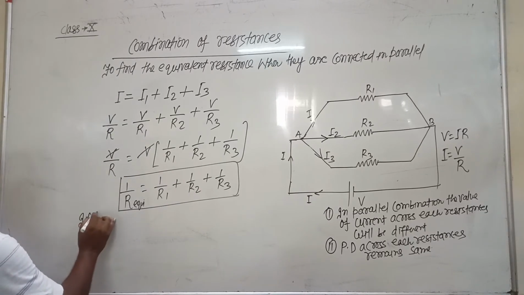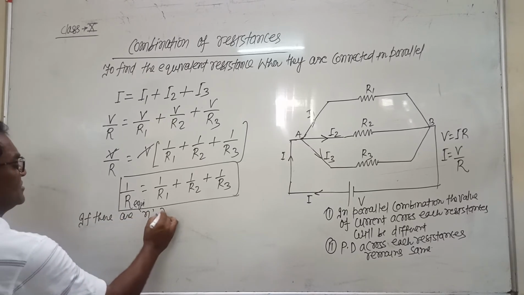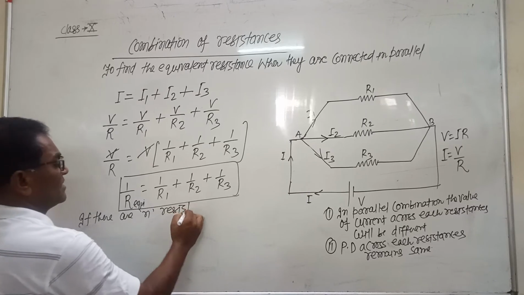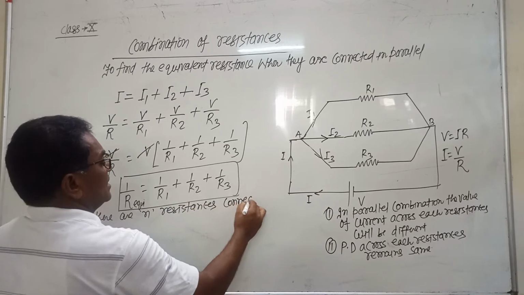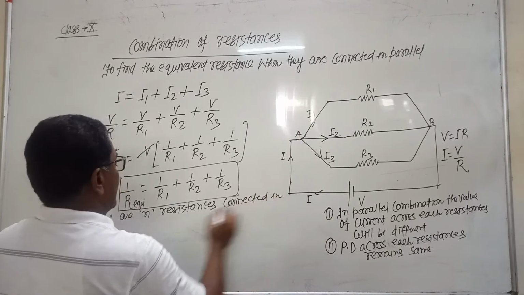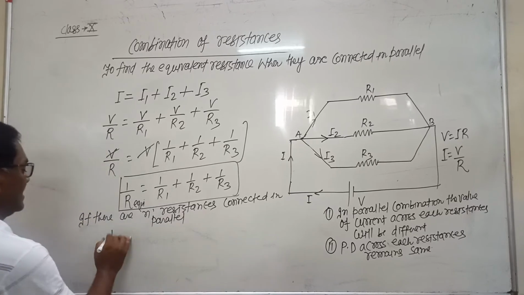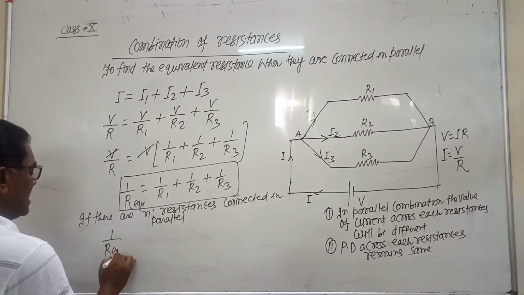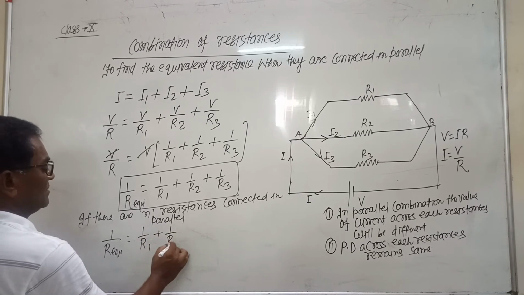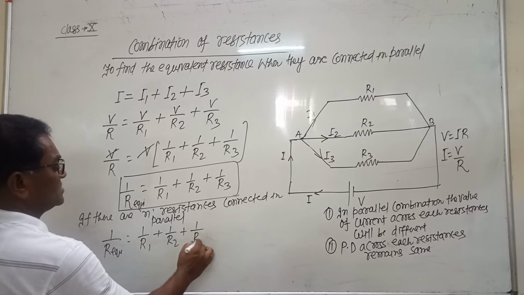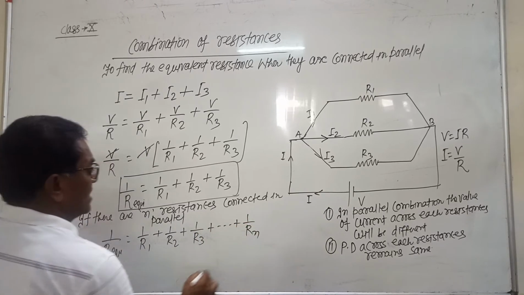If there are n resistances connected in parallel, then for finding the equivalent resistance, the formula becomes 1 by R equivalent equals 1 by R1 plus 1 by R2 plus 1 by R3 plus and so on up to 1 by Rn.